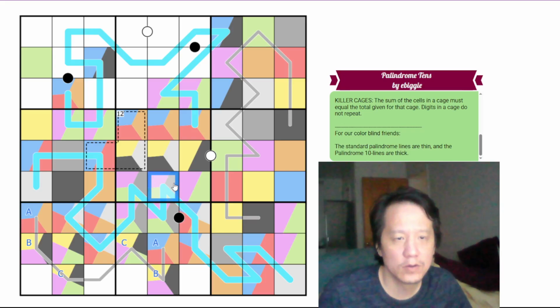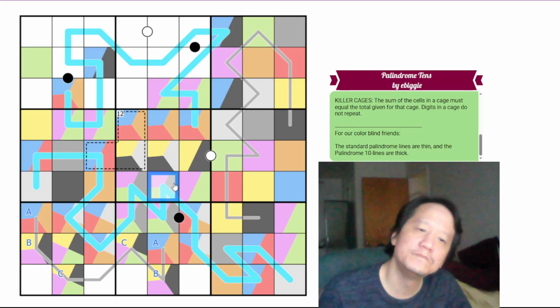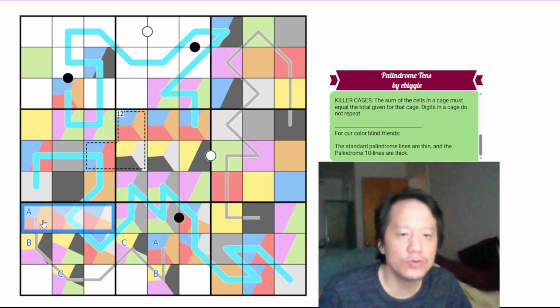Okay. We have a blue-orange light quadruplet in box 7. That eliminates blue, red, orange, and light from that box. The rest of the box then must be medium, yellow, green, pink, and dark.